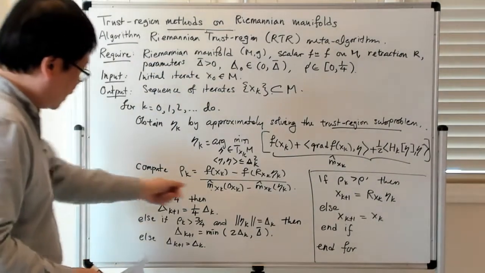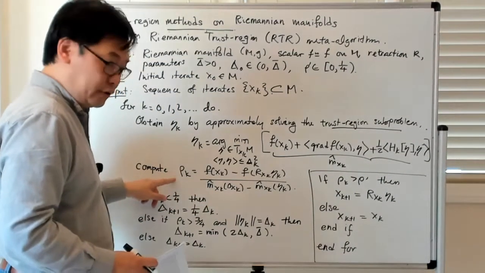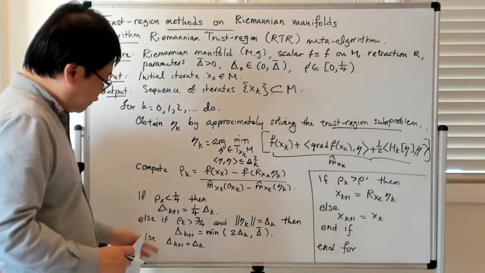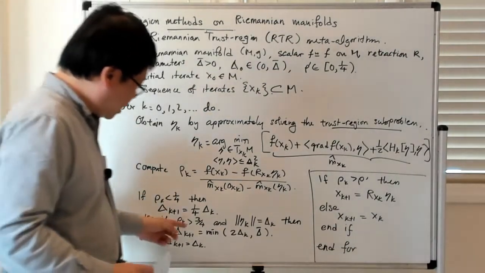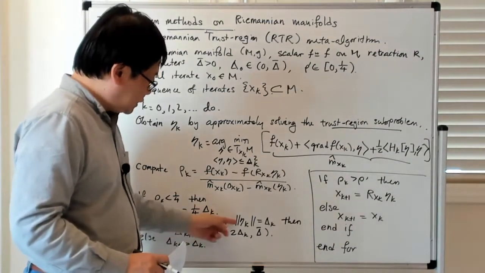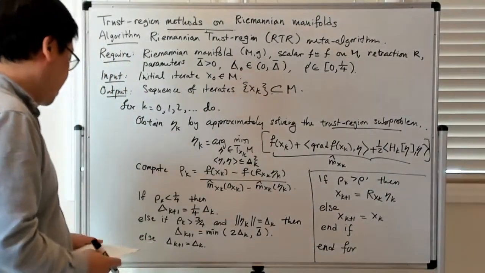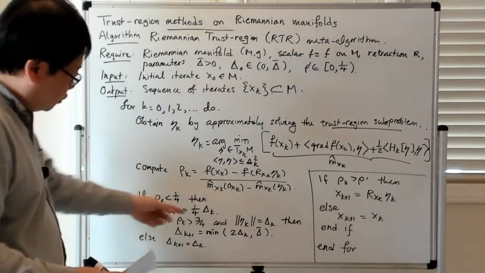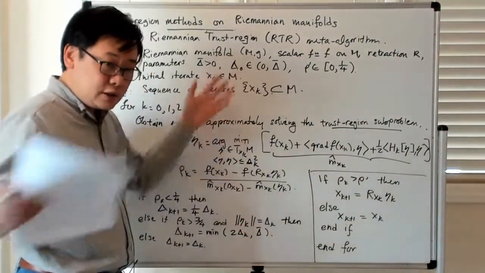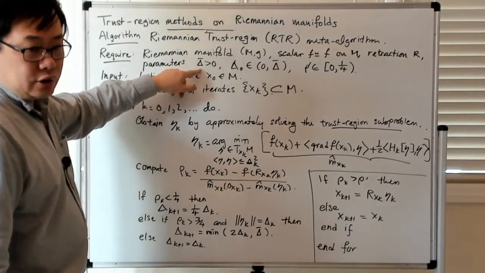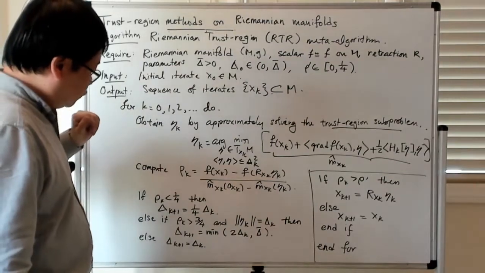Once you have that, you can compute this quality quotient, and depending on its value, and whether you've taken a step right up to the boundary of the trust region, then you increase the trust region radius subject to the constraint that you're no larger than delta bar.